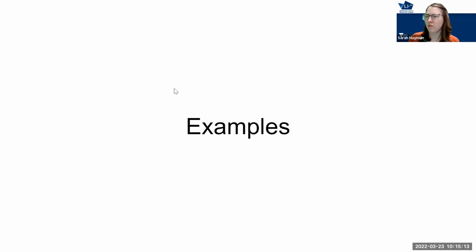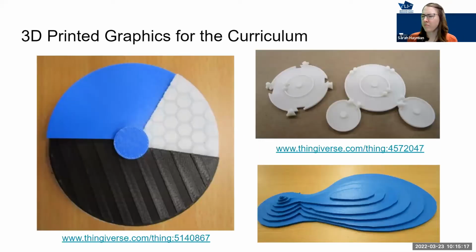So here are some examples of what we're talking about. Graphics are used across the curriculum and across subject areas. Some of these can be turned into tactile graphics, but others are better suited to 3D printed objects. The first object on the left is a pie chart.